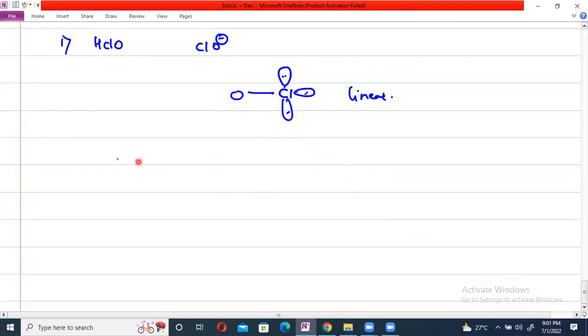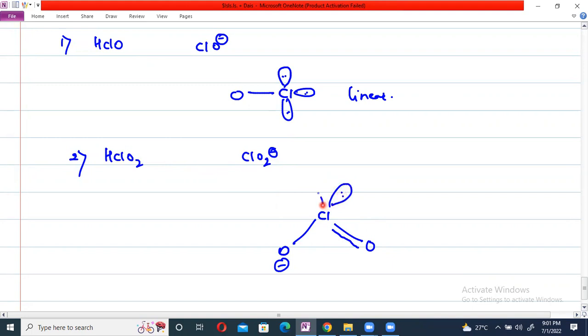In that, central atom chlorine undergoes sp3 hybridization. Then HClO2: take out the hydrogen, I will get ClO2 negative. The chlorine has one O negative, the other oxygen as a double bond. Now out of 3 lone pairs, it has only 2 lone pairs, right? How does the shape look? The shape looks angular.